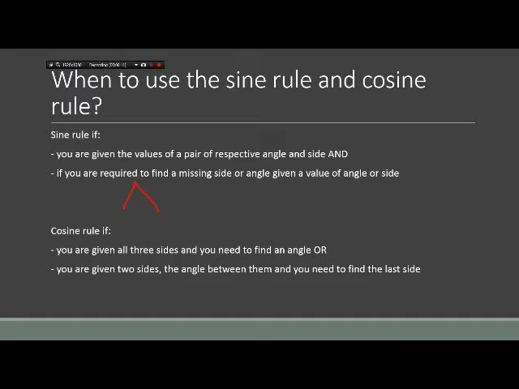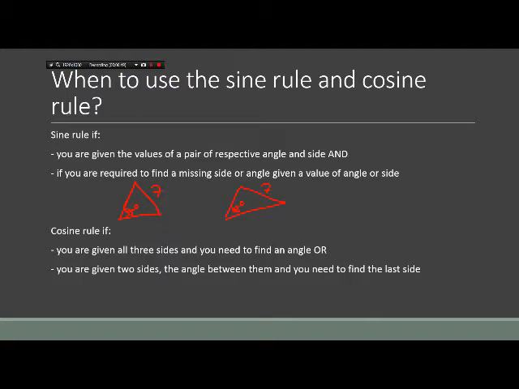So for example, I'm just going to draw two triangles here to show you what you can be given. Let's say you're given that this angle is 35 degrees and you're told that the side opposite is 7. That is what I mean by the first line, where you have a pair of given values: a side with its matching opposite angle.